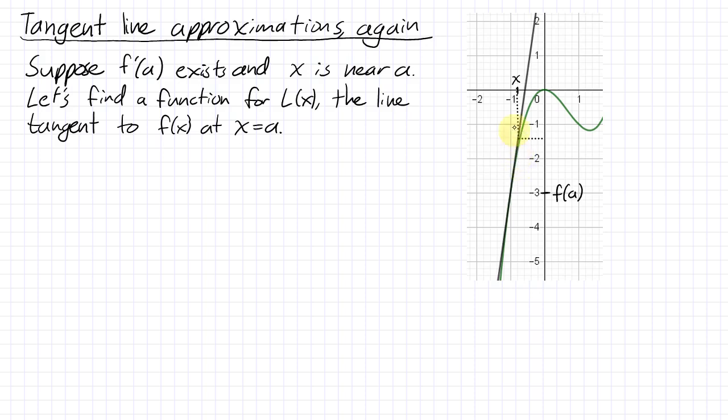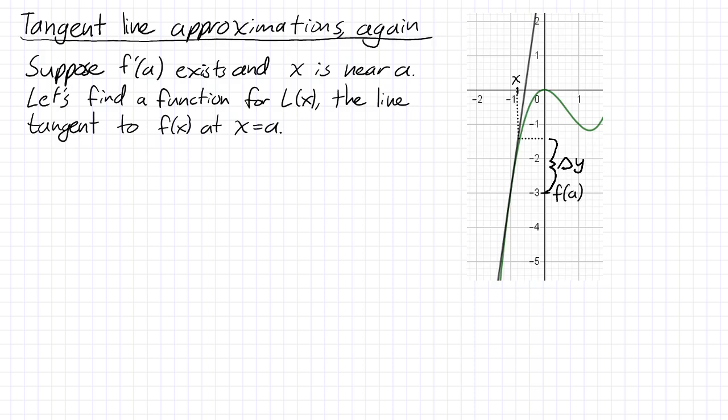So because it's so steep, if you just move over a little bit in the x direction, then the amount that you move in the y direction, that delta y, is approximately equal to the slope times the change in x.